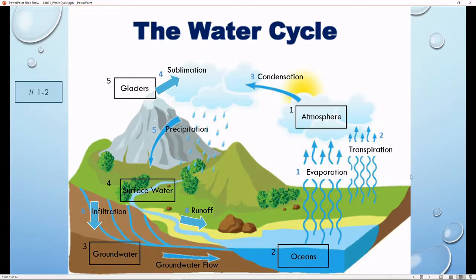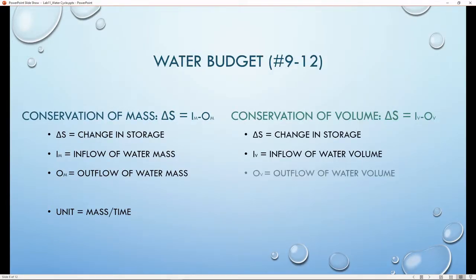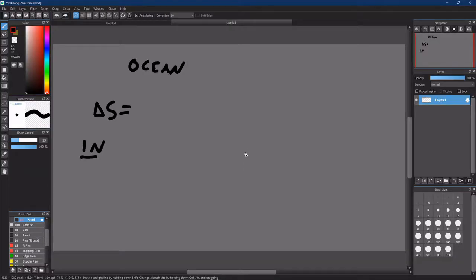So flowing into the ocean, you have runoff, then you have groundwater flow, and then you can also have precipitation. So inflows, we have precipitation, you have runoff, and you have groundwater flow.